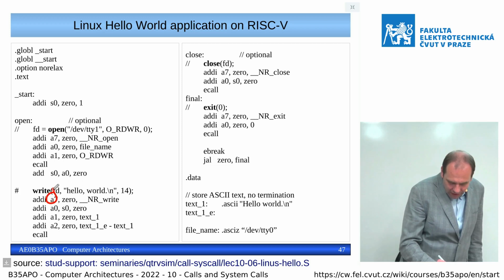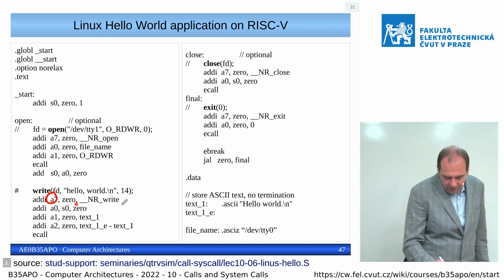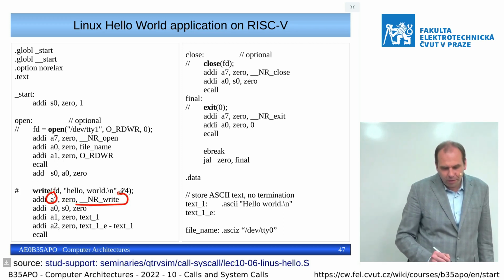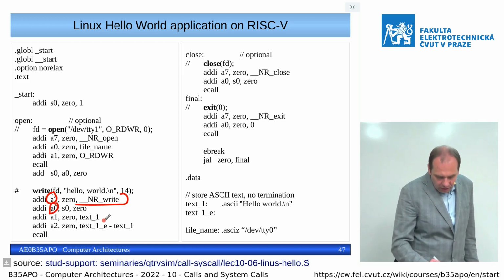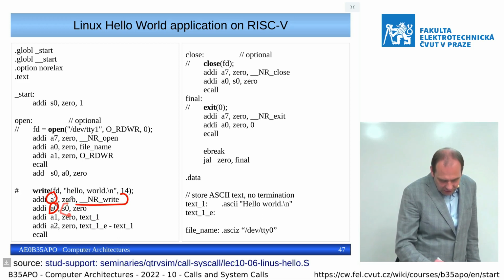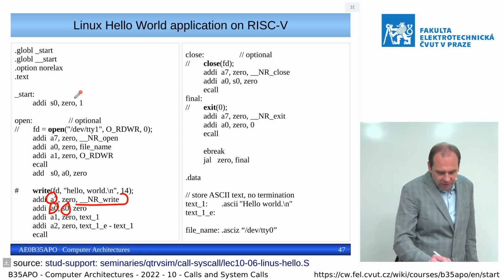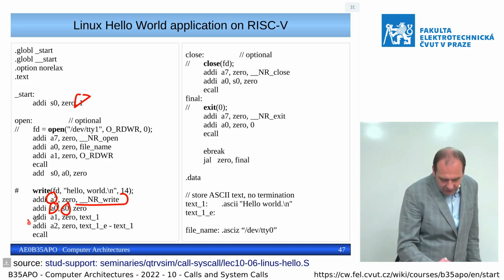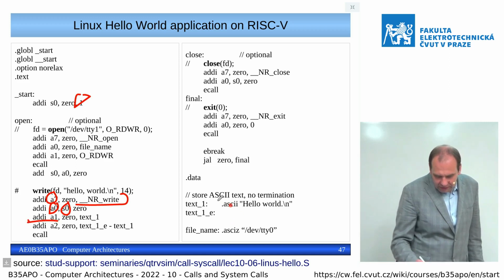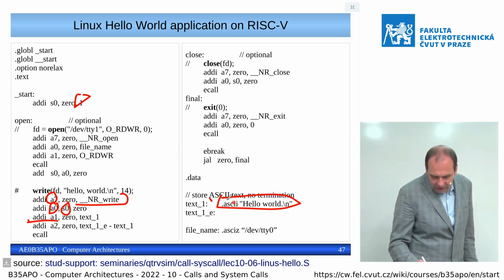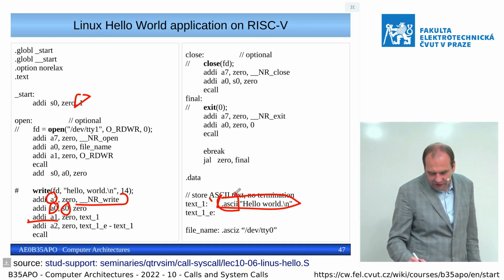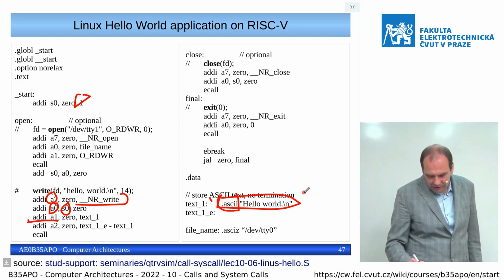We put to the A7 that we want to do a write operation, right? We put to the A0, it should be, yes, S0, so this means that we put there a 1. Then we put into the A1 the address of this text, hello world. In this case, it is text defined by this directive, which is not 0 terminated.